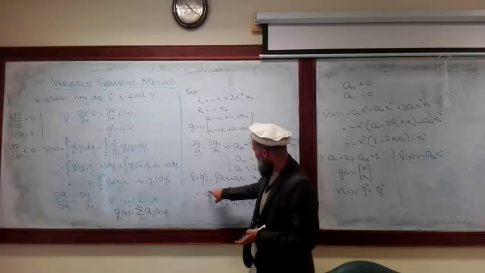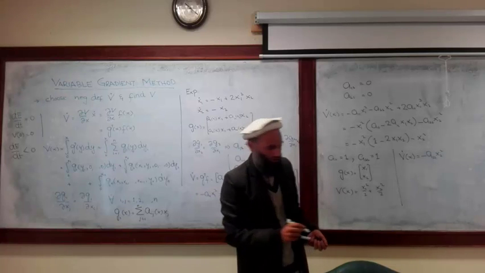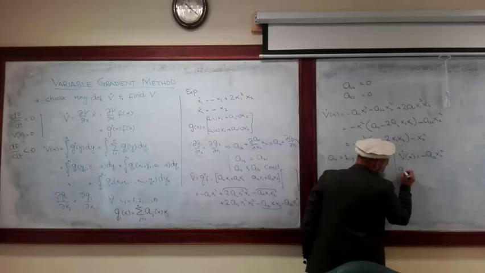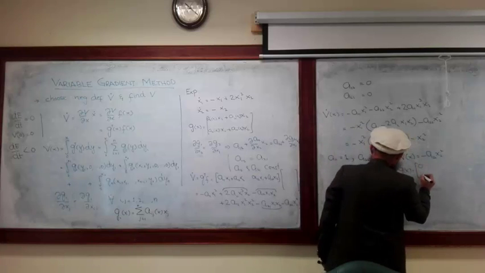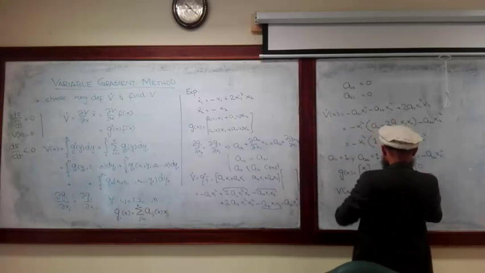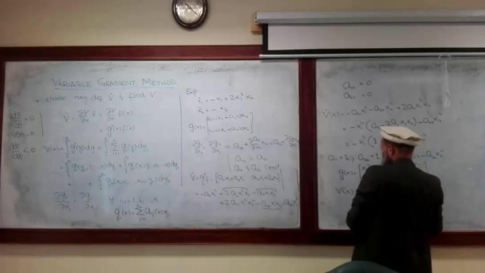If we select A11 to be equal to 0, then what would be g of x? First row is 0, and second row with all these selections is x2.